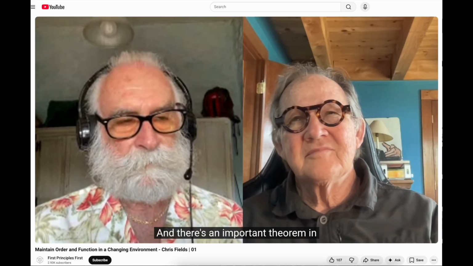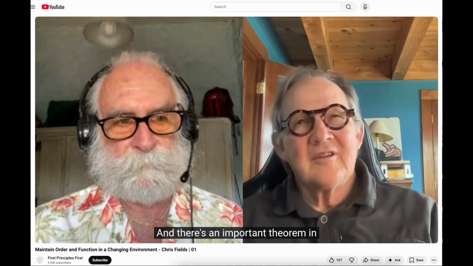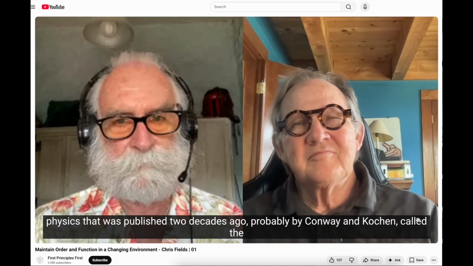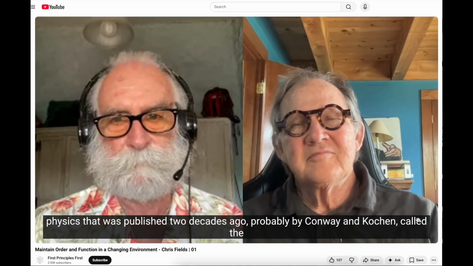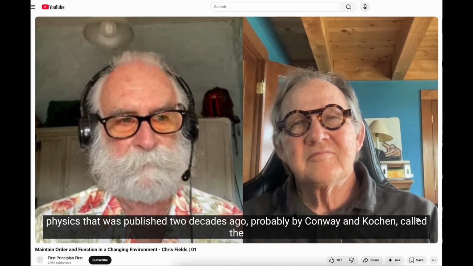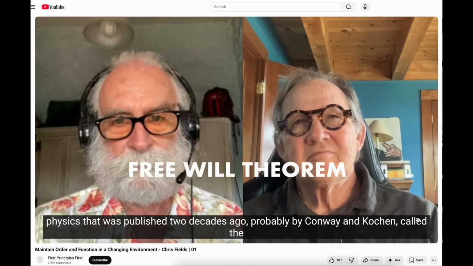And there's an important theorem in physics that was published two decades ago, by Conway and Kochen, called the free will theorem.